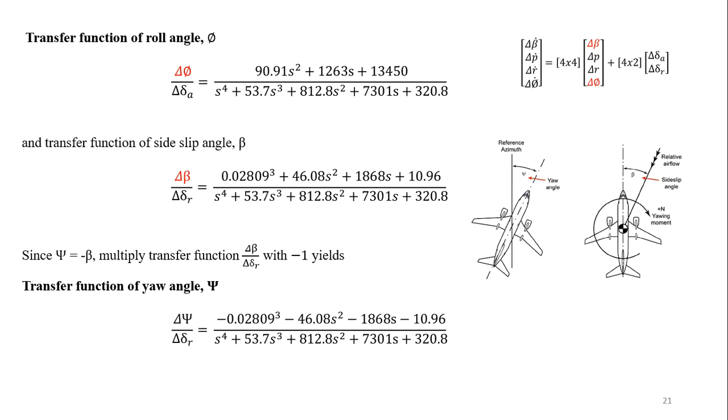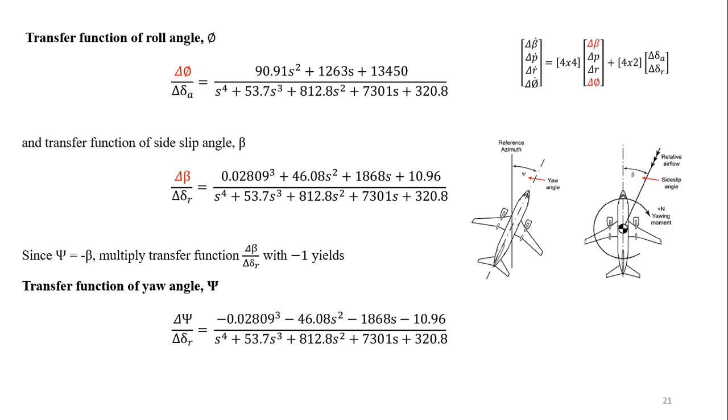After transforming the state space to transfer functions, we'll get 4 transfer functions, which are shown here, only 2. The 4 transfer functions include the side slip angle, the roll rate, the yaw rate, and also the yaw angle.